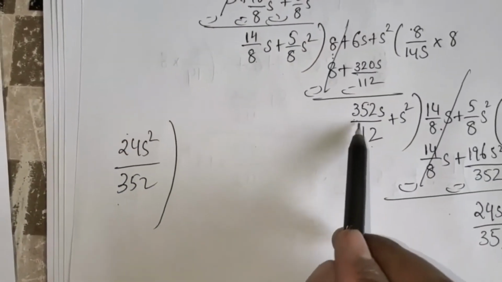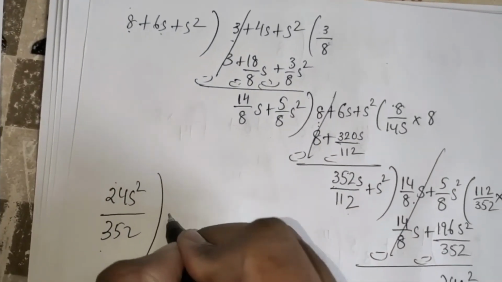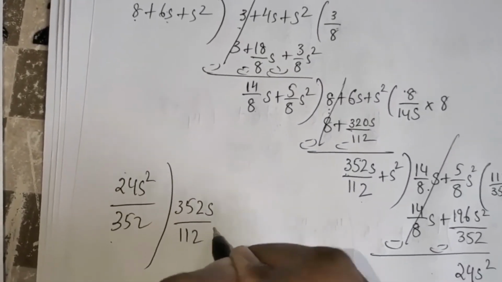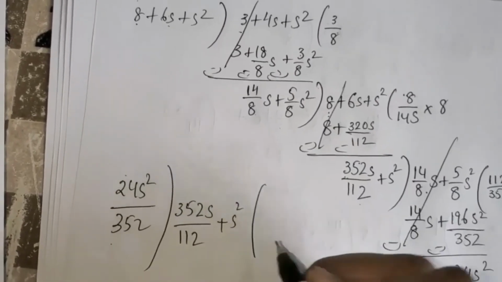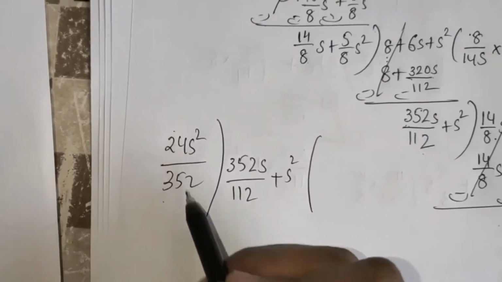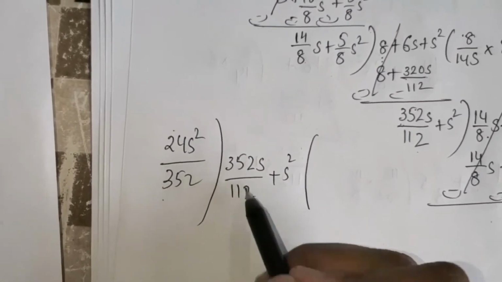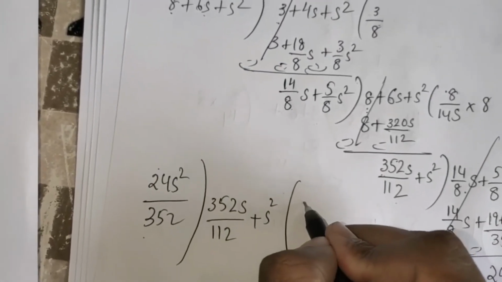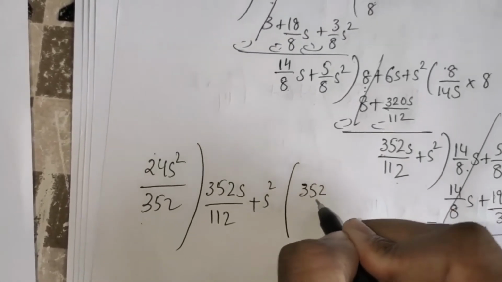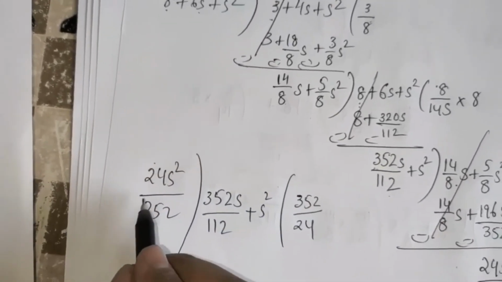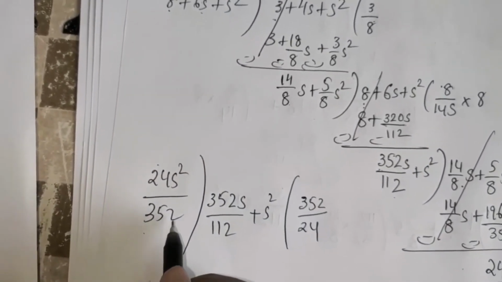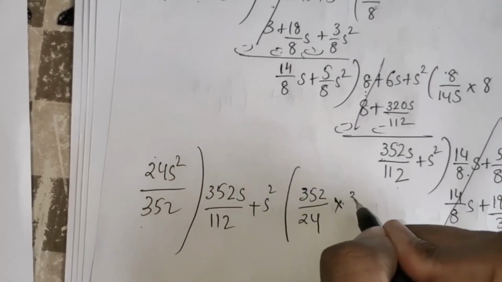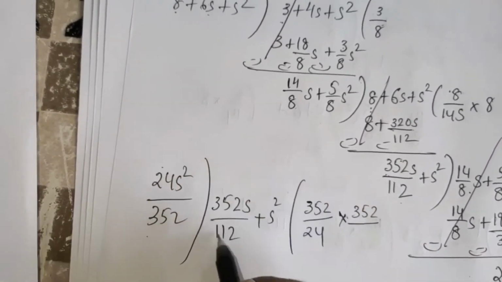So the same term we carry forward here, so it is 352 s by 112 plus s square. Here again I have 24 by 352, but I want 352 by 112. So you can multiply by 352 by 24, which makes it 1, and instead of that I want here 352 by 112.